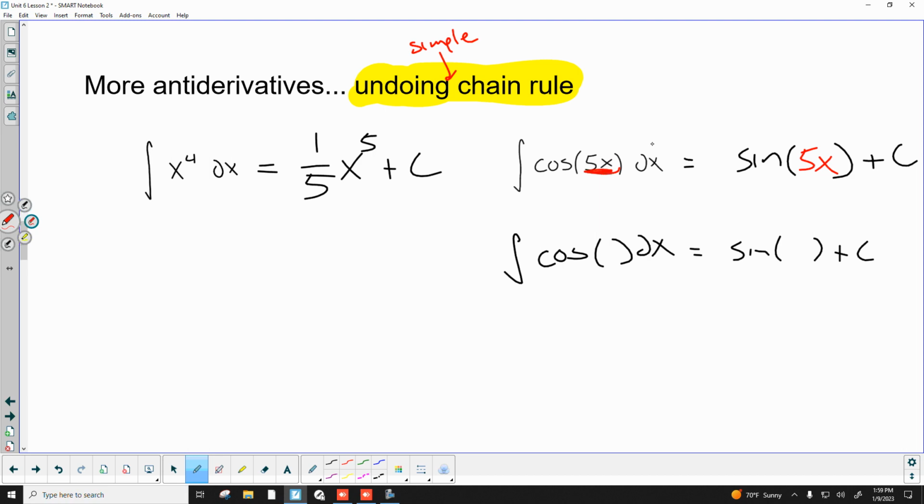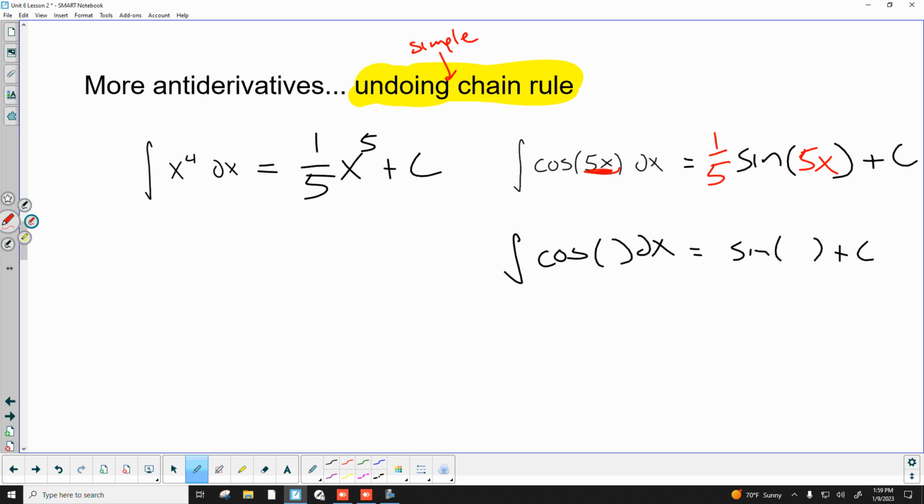You don't want the 5 around when you take the derivative of this. You better just get cosine 5x. So because of this inside derivative, you need a 1/5. Many of you figured that out. Excellent. If you didn't figure it out, hopefully you understand why I did what I did.